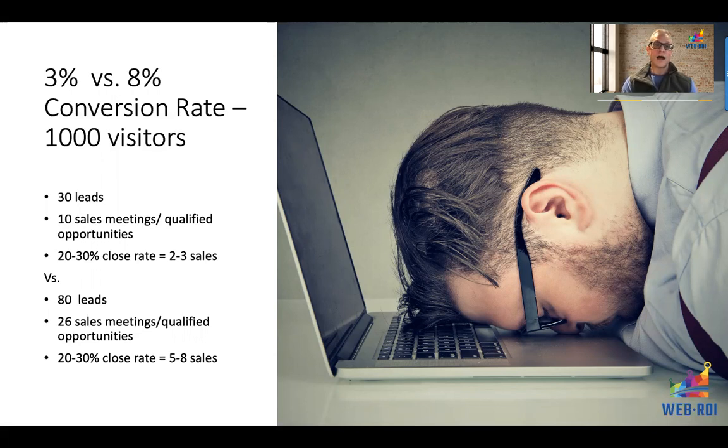If you have the ability to convert those leads 30% of the time, so out of those 30 leads, 10 of them result in a qualified sales meeting or an appointment or something along those lines, and then you have a 20 to 30% closing rate on your sales approach, that means you're going to make 2 or 3 sales on that 1,000 visitors.